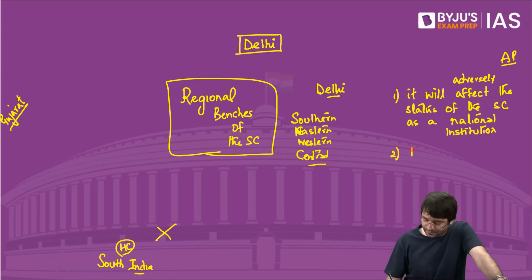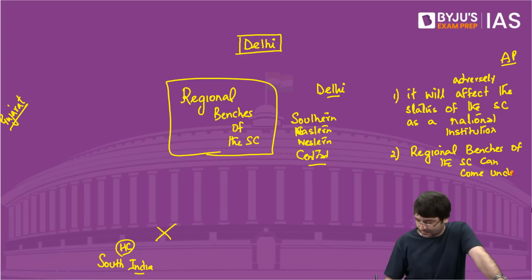Number 2, regional benches of the Supreme Court can come under the influence of local politics.